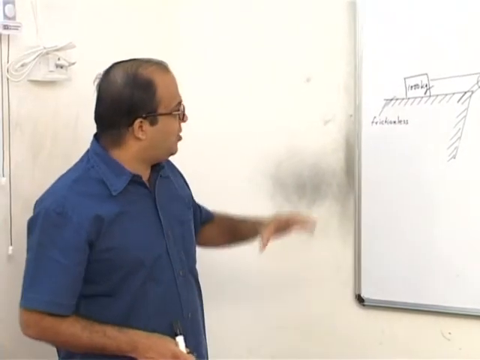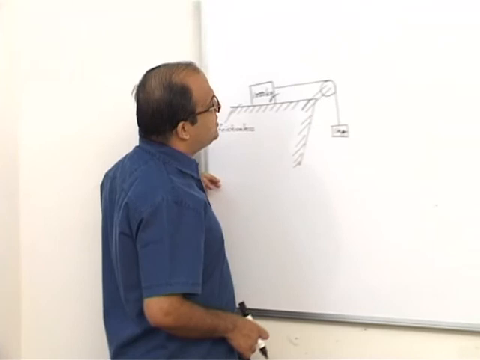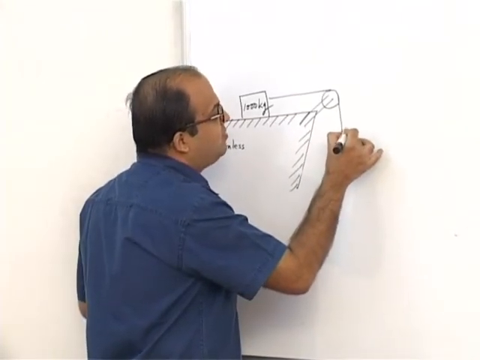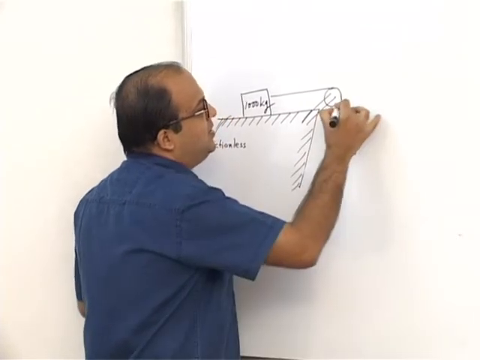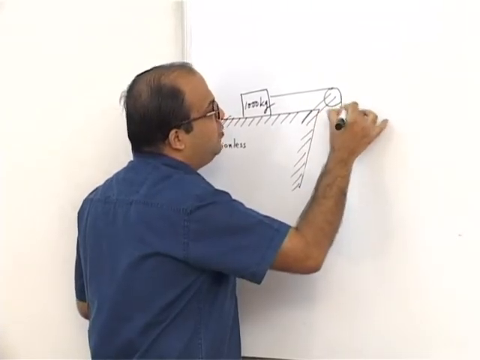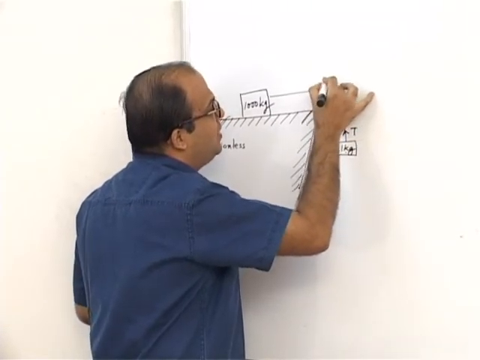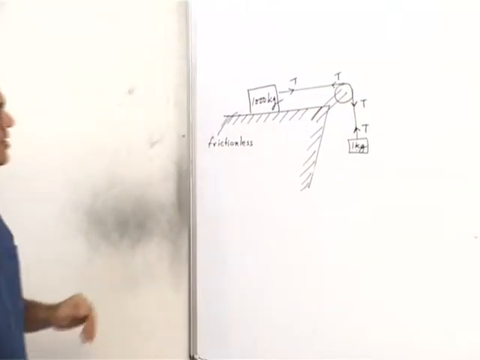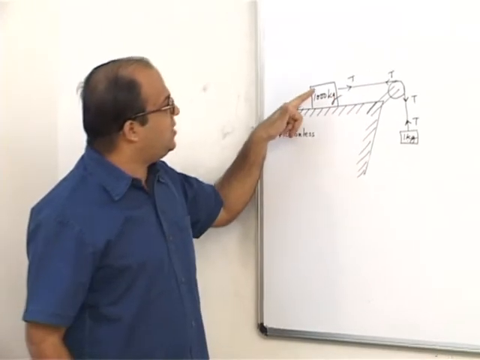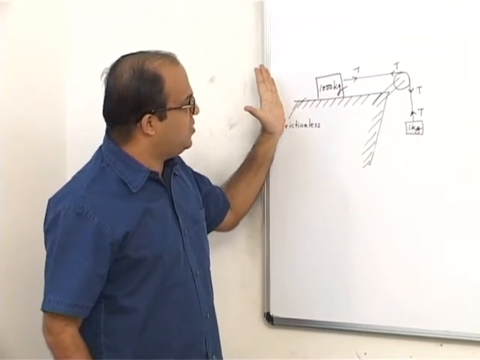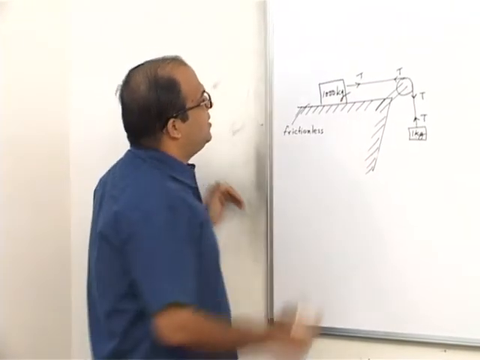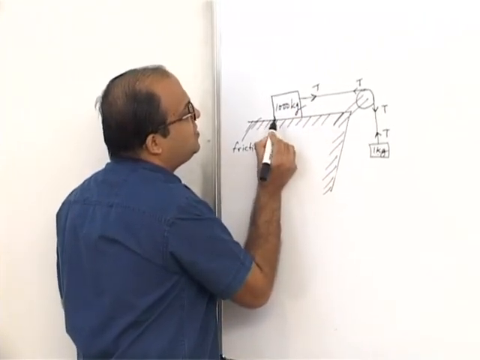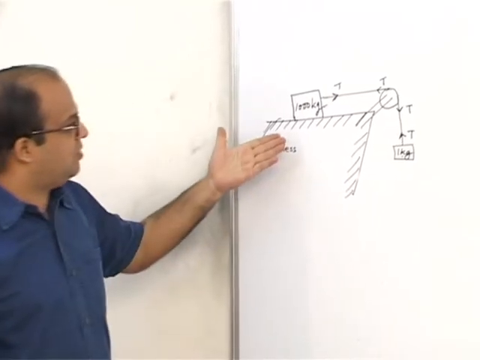No, that is wrong. You must understand, because of this 1 kg block, tension will act in this string. This tension will be same if the string is massless, same at all points. So now this tension acting on this block is trying to slide the block. This tension is against this frictional force, which is 0.